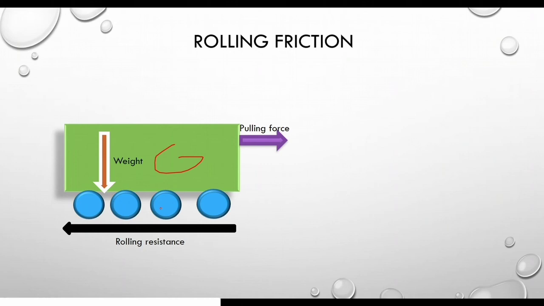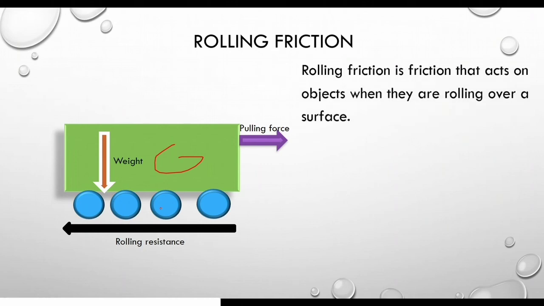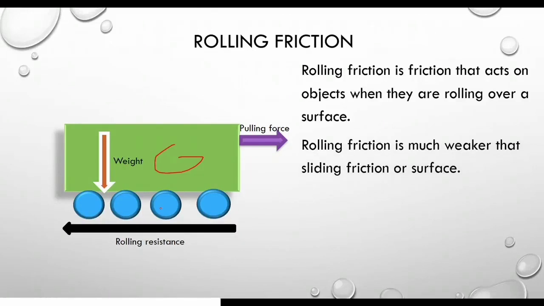Rolling friction is friction that acts on objects when they are rolling over a surface. Rolling friction is much weaker than sliding friction.